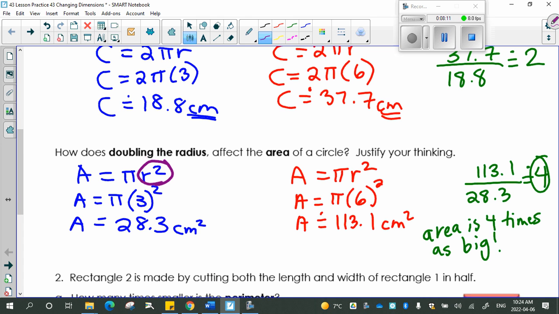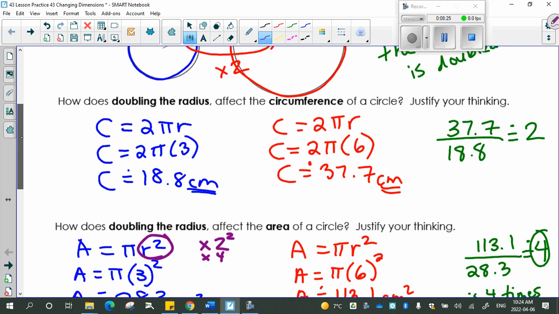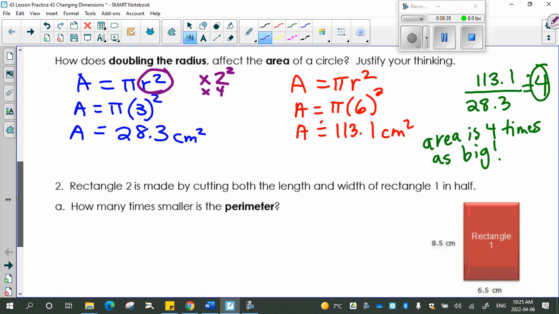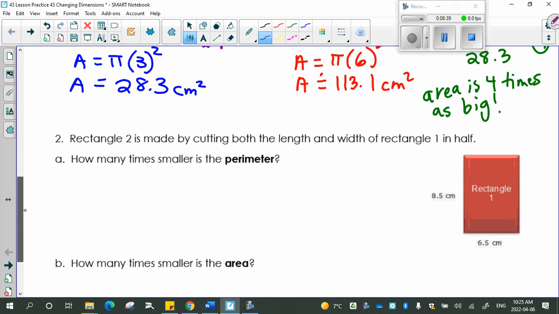So I'm doubling the radius, so I'm timesing it by 2, but the radius is being squared, so I'm really timesing by 2 squared, which is timesing by 4. Whereas in our circumference formula, r is just to the power of 1. So if I'm timesing the radius by 2, I'm just timesing the circumference by 2. Yeah? Very good, Jacob.